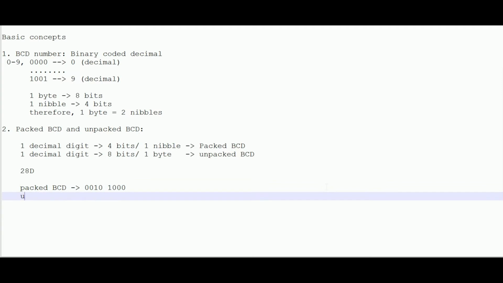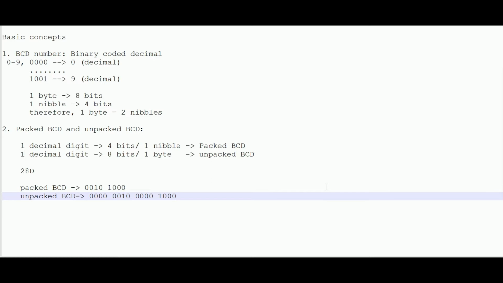Whereas in unpacked BCD, the same 28 will be represented as 0000 0010 for the 2, since 1 byte occupies 1 decimal digit, and the 8 will be represented as 0000 followed by 1000. So as you can see, the unpacked BCD takes twice the number of bits as compared to packed BCD.